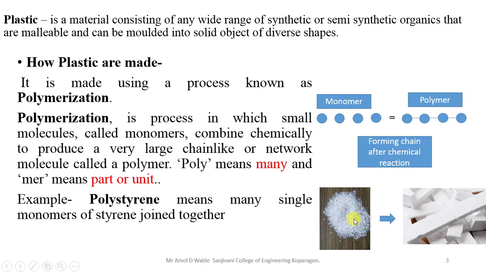Initially these are single molecules or monomers, and after polymerization you can see how the shape has been given to this monomer. These are nothing but, I think, the white part which we use to absorb shocks, we call it thermocol.